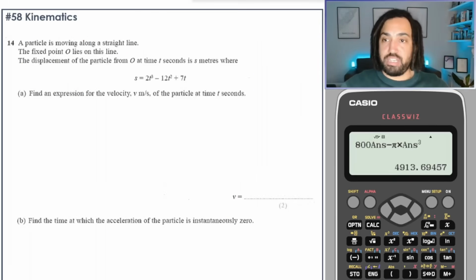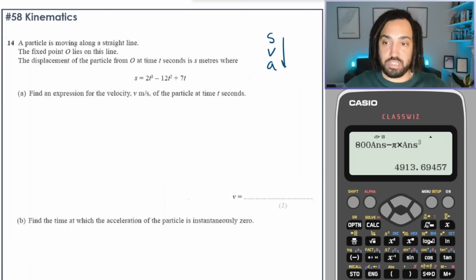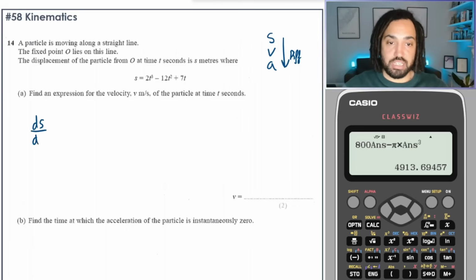Okay, next topic, kinematics, which is a form of differentiation, and we differentiate between displacement, velocity, and acceleration. We differentiate down. So to find the expression for the velocity, we have to differentiate the displacement with respect to time.